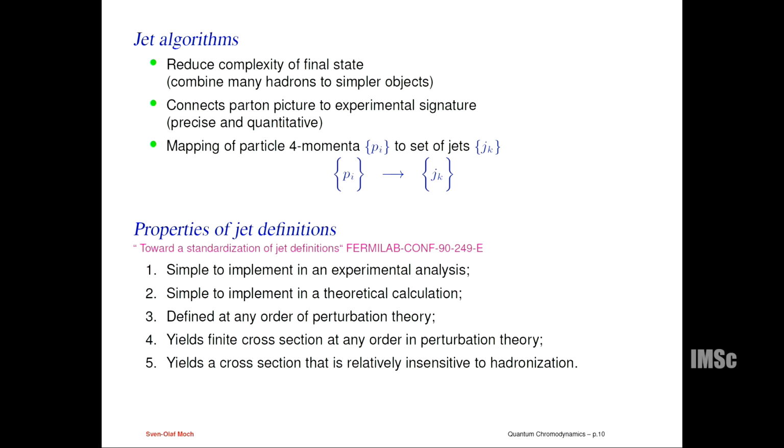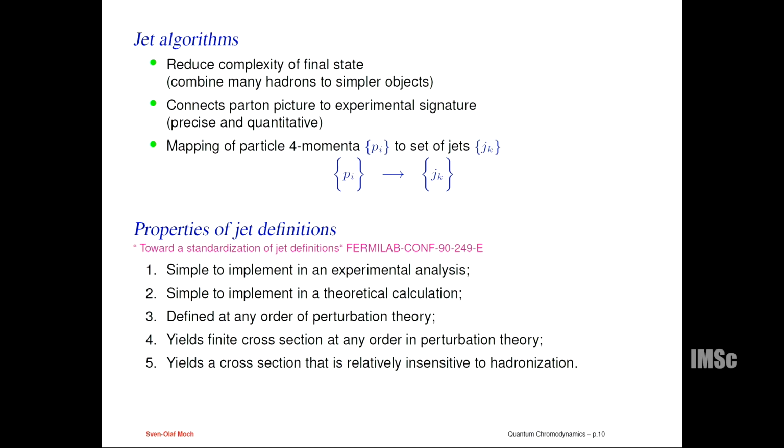And this is the task of jet algorithms, and this is a delicate issue, so we can discuss this a little bit further. But by and large, properties of a jet definition. Early on, already at the beginning of the 1990s, when people figured out that jets are a useful experimental concept, they came up with a set of rules, which I think still hold today.